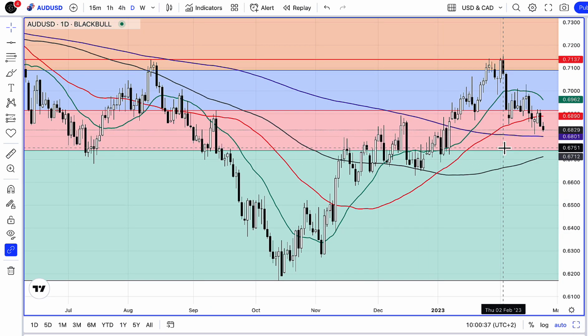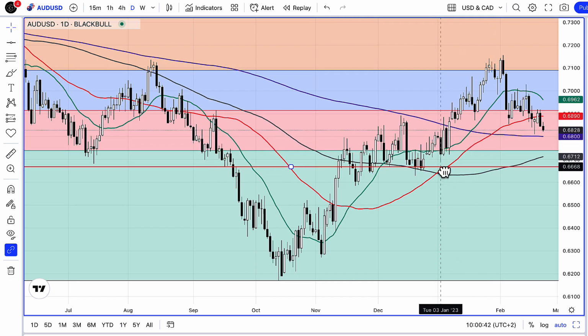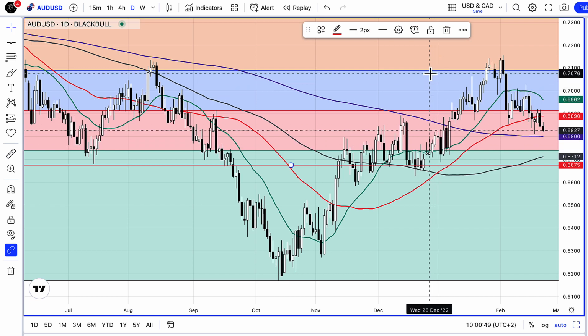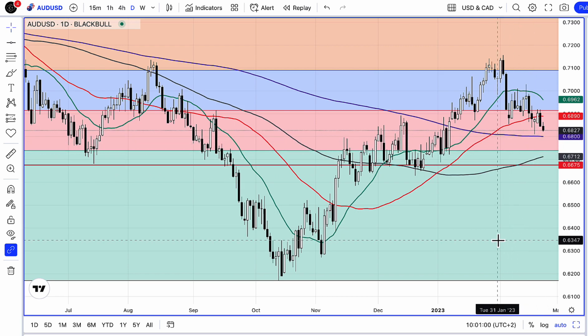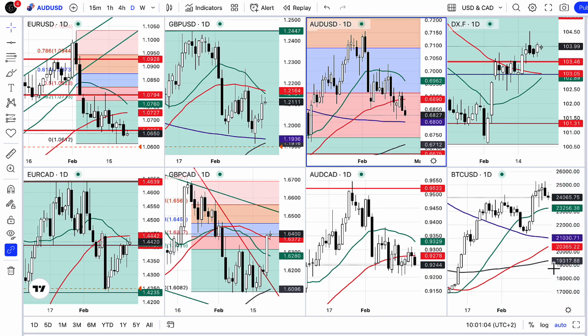So we've got natural support down there, and actually if we have a look at the better support, it's probably around 0.6680, I would say, for the Aussie dollar. We're at 0.6830 right now. So a little bit of room to move lower, and that would be really in conjunction with the dollar index moving up to its resistance level.